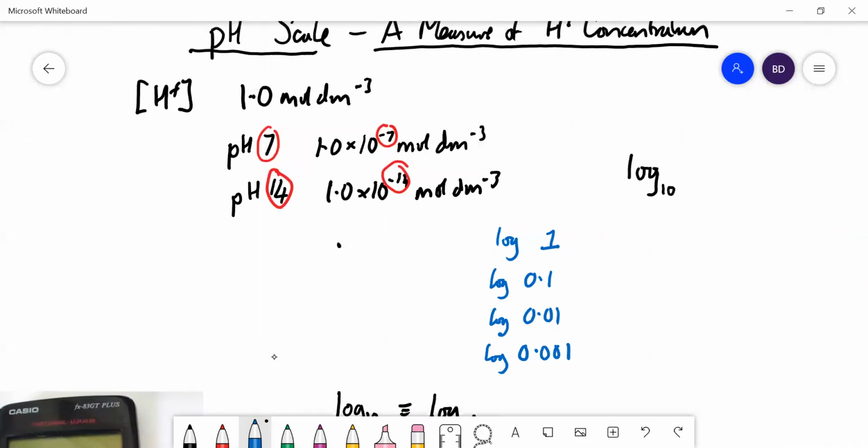Log of 1 is equal to 0 because 10 to the power of 0 is equal to 1. You might remember that. If you do 0.1 on your calculator, that's going to be minus 1. The log of 0.01 is equal to minus 2. The log of 0.001 is minus 3, and so on.